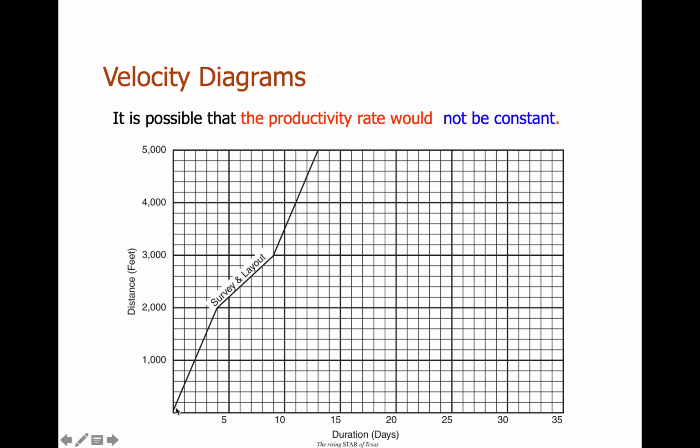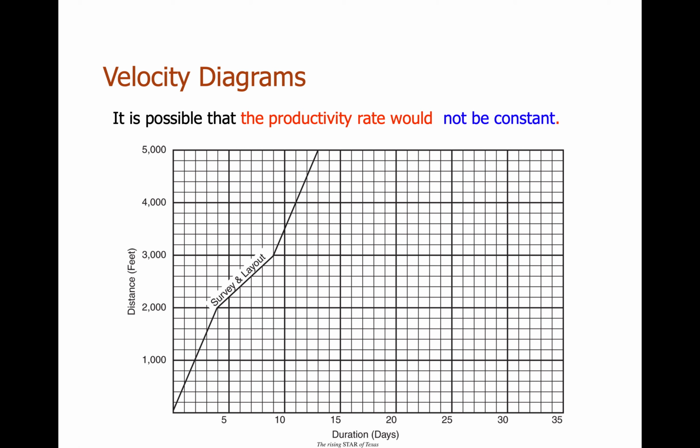Notice in general that the more horizontal the slope of the line, the slower the production rate, versus if the line is more vertical, then the production rate is faster. So if the production rate is at this 500 feet per day, then it changes here. It's slowed down. It's less than 500 feet, but then it kicks back up. So something happened in between 2,000 and 3,000 feet. There could be something in the way.